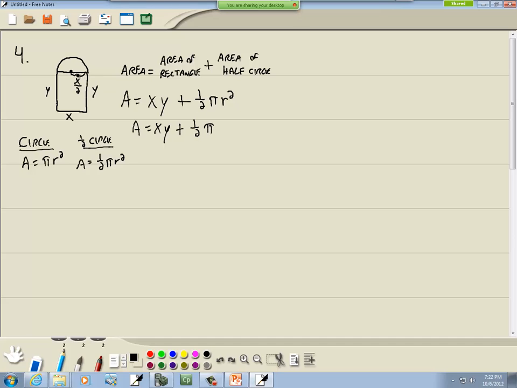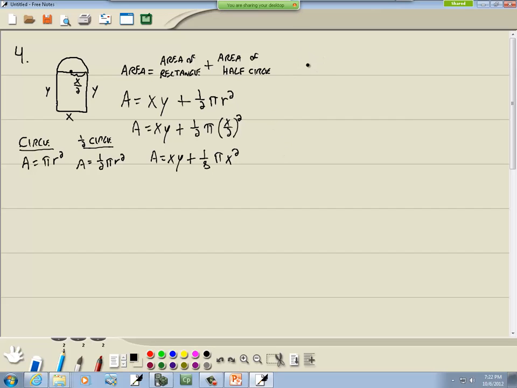Well, r in this case is x over 2. So we'd have x over 2 squared, which gives us xy plus, when I square that, x squared over 4. So 1/2 times 1/4 gives us 1/8 pi x squared.